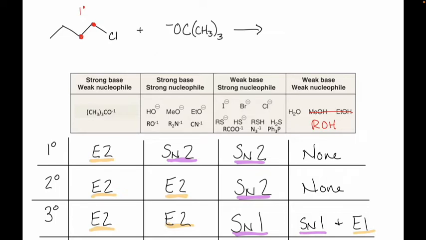Okay, I'm going to keep this same nucleophile / base, but now I'm going to use this substrate. So everybody take a second and see if you can draw me my product.